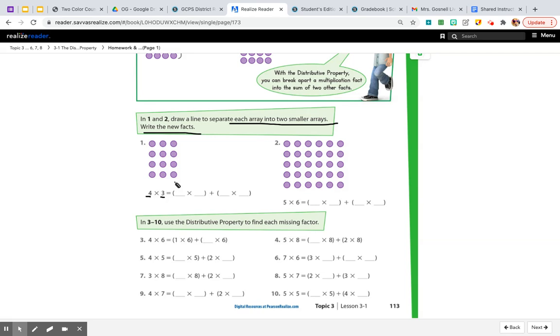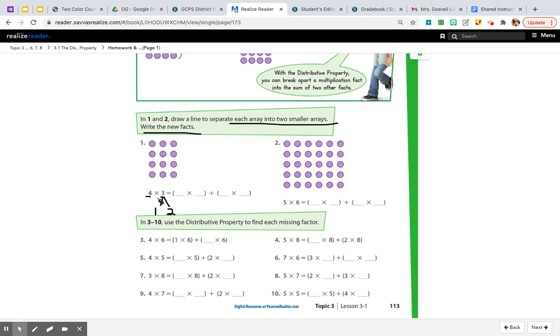I would decide to split this factor, the 3. I would decompose this 3 into a 1 and a 2. I'm basically thinking of what 2 numbers make 3, and what 2 numbers would make easy multiplication facts? Well, 1 and 2 are super easy. You can't get any easier than that.